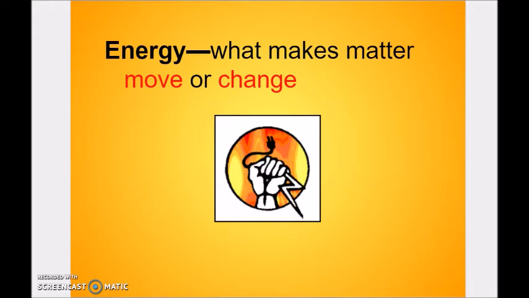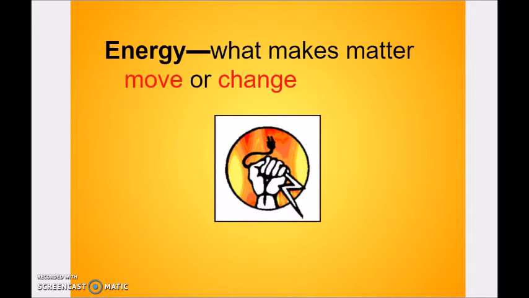All right, energy is what makes matter move or change. So the very top of your paper: energy makes matter move or change. Movement is probably pretty obvious, that it takes energy to make something move, but it also takes energy to make matter change, like in a chemical reaction.